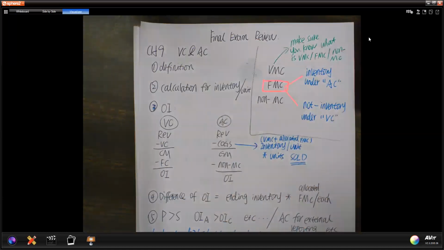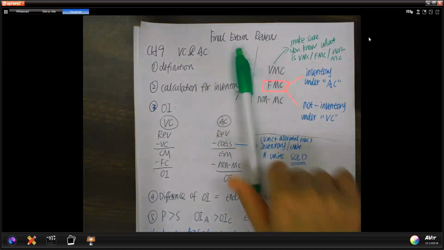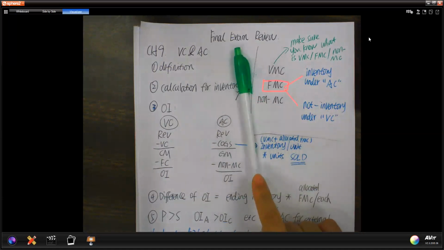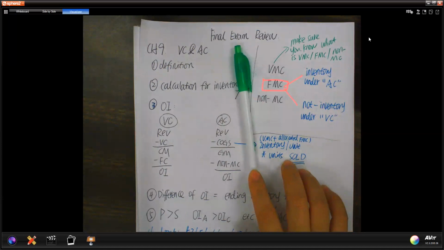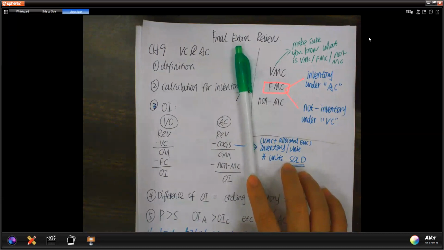So when we think about the inventoriable cost, how can you tell me this is the inventory? What's the cost of the pen? It's $5 or $10. So we only include the manufacturing. You have to know the meaning of manufacturing and non-manufacturing. We watched the video at the very beginning of our classes of the semester. Everything that happened in the manufacturing department, in the plant, for the blue collar people, those are manufacturing.